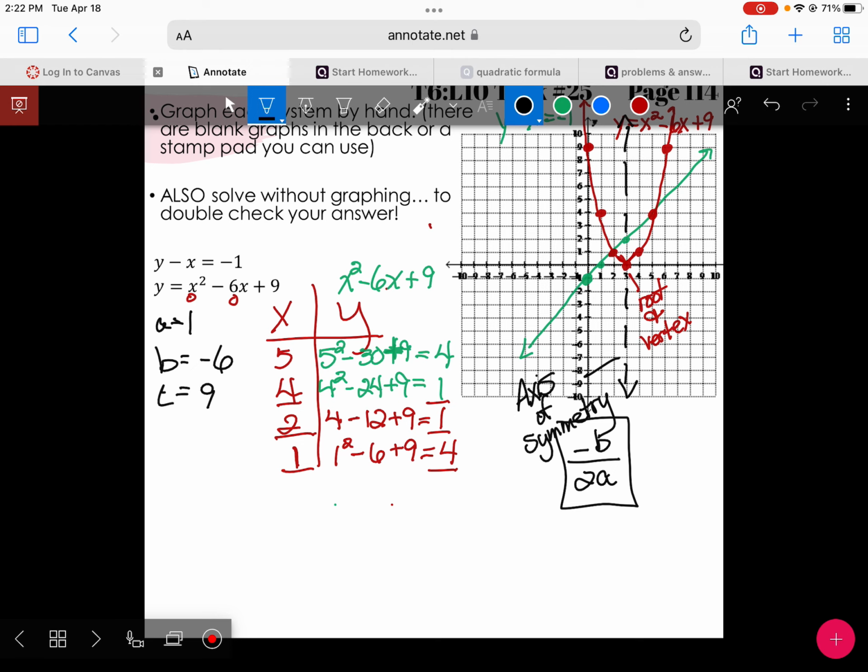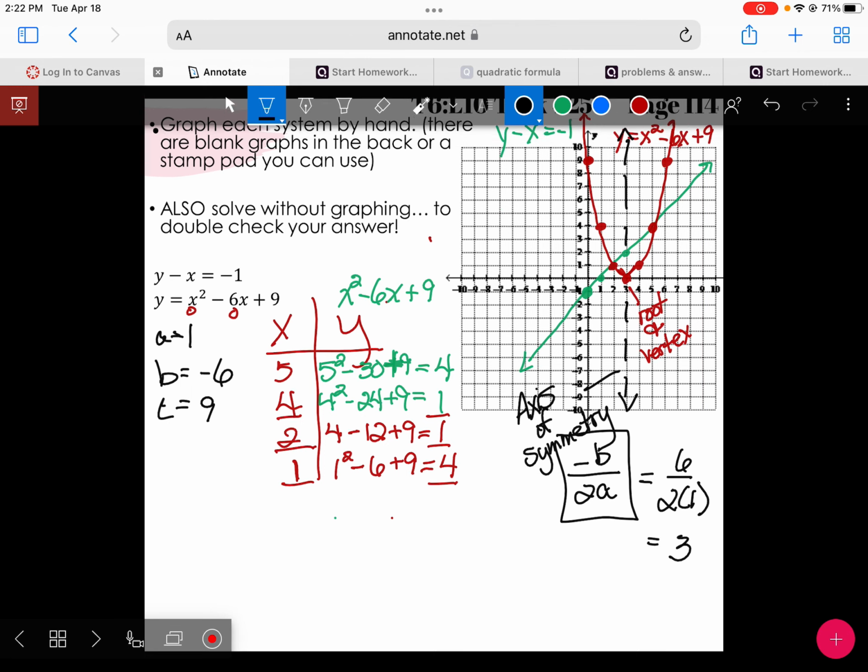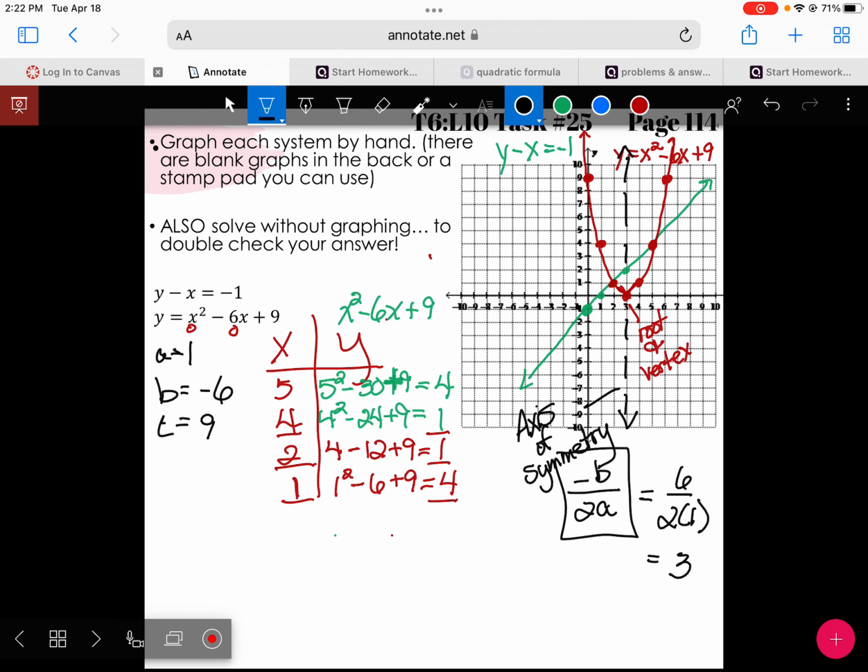Let's see if this works. If B is negative 6 and I want the opposite of B, that's going to be 6 divided by 2 times 1, which is 3. Is this the line x equals 3? Yes, it is.